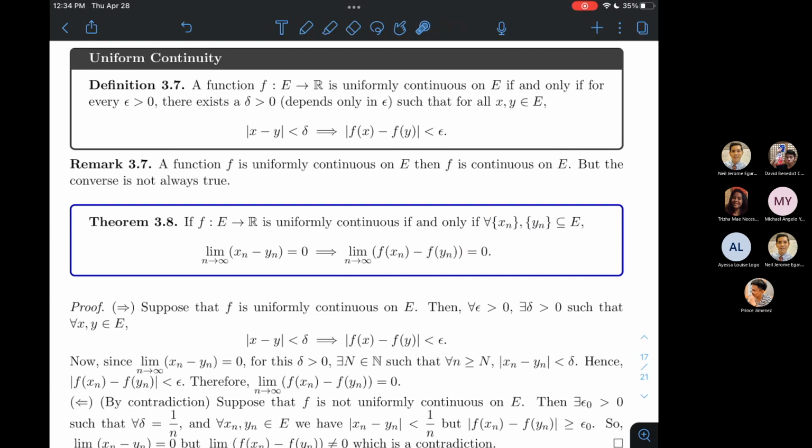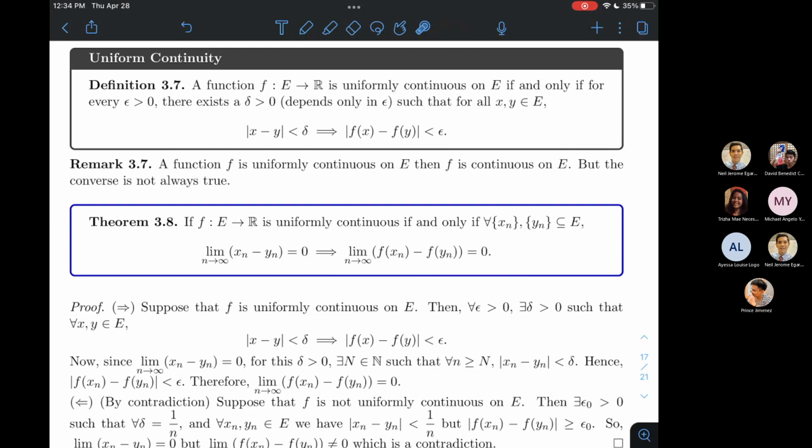So kahit anong dalawang sequence na kunin ko, na yung sequence na mabubuo by subtracting their members ay nagko-converge kay 0, then automatic daw na magko-converge din kay 0 yung sequence ng difference ng mga function values if and only if f is uniformly continuous. Okay?